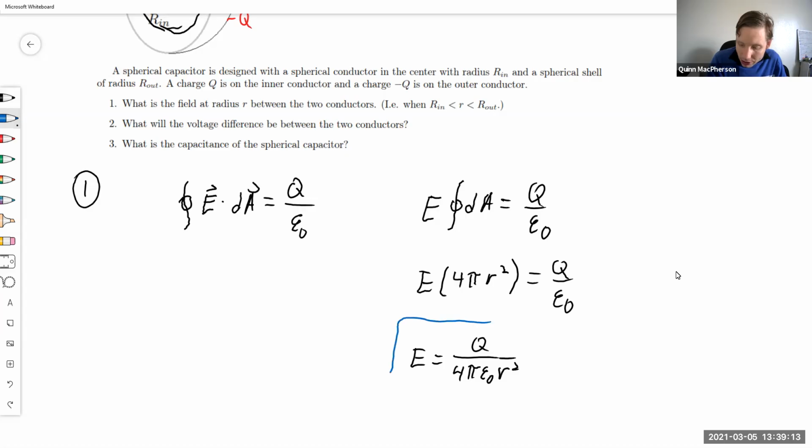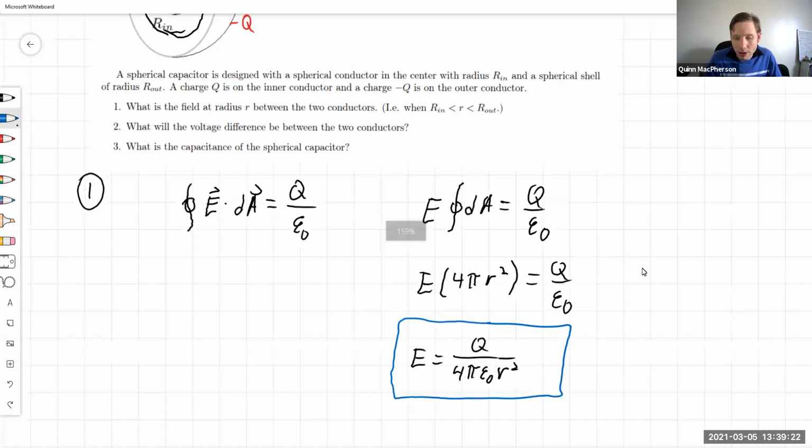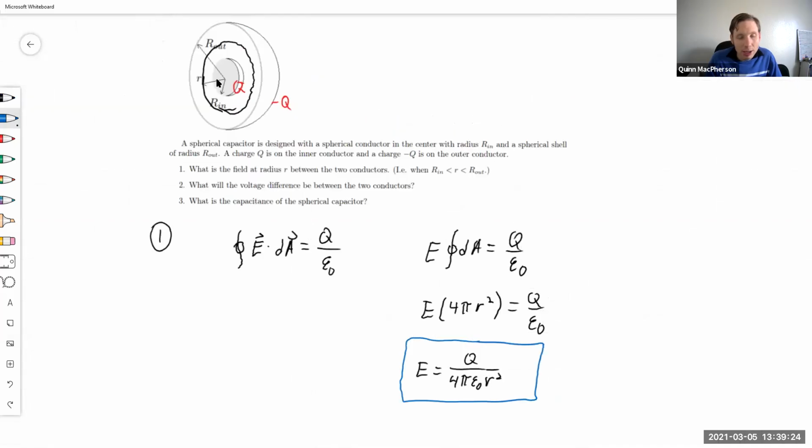Interestingly enough, that is the same answer as for a single charged point charge. So the fact that the inside has a radius makes no difference. It's all inside the Gaussian surface. So whether it's a point charge or an extended ball of radius r, doesn't matter.